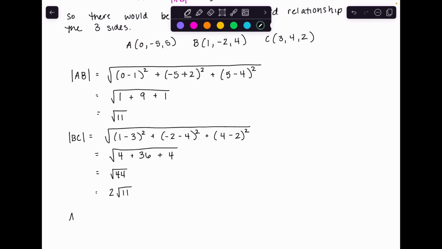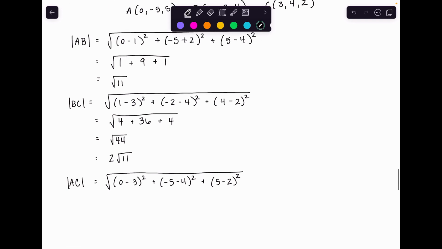And then last but not least, we want to find the distance from A to C. So we've got 0 minus 3 for the x values, negative 5 minus 4 for the y, and 5 minus 2 for the z, all under a square root. Negative 3 squared gives us positive 9.